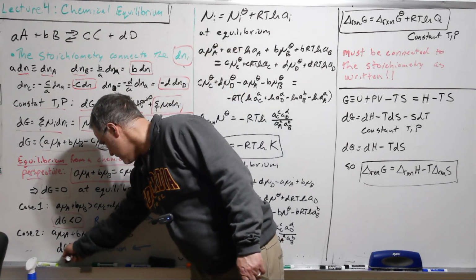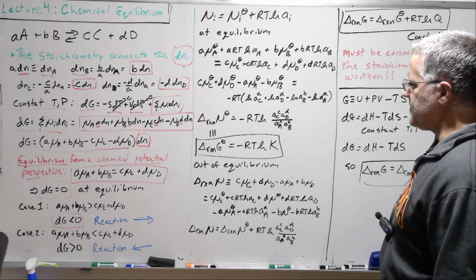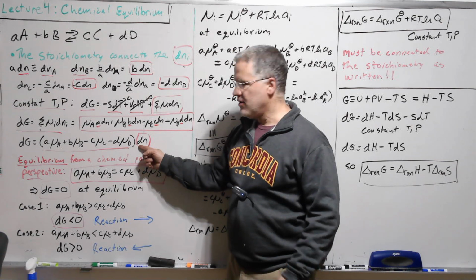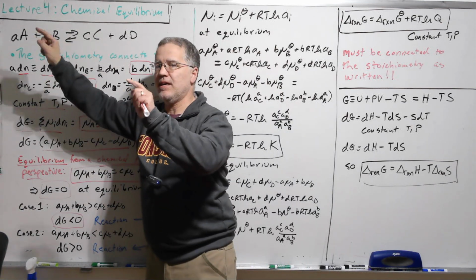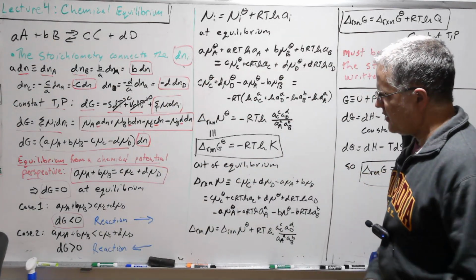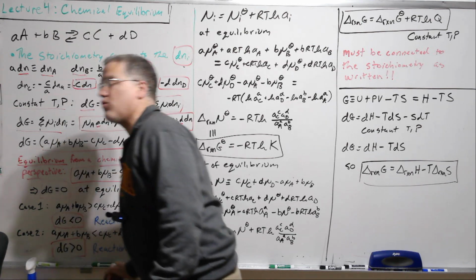And delta G will be positive, because this will be positive. And the way we defined dn again is if dn is positive, then we're making more A, so we're going in that direction. All right, so this is the criterion for going backwards.